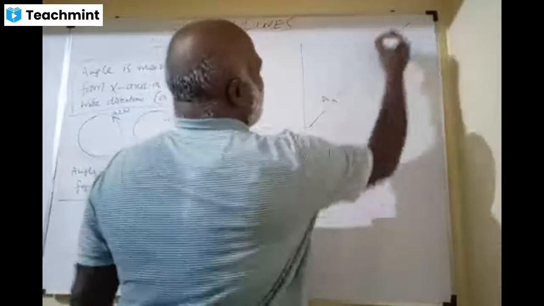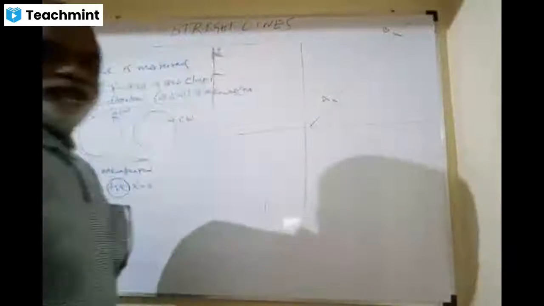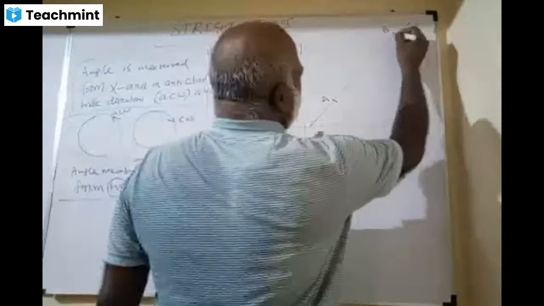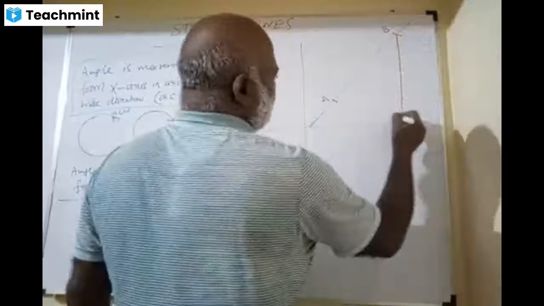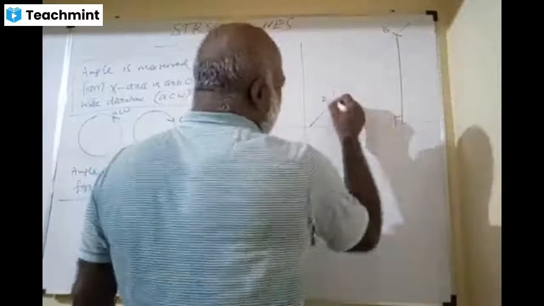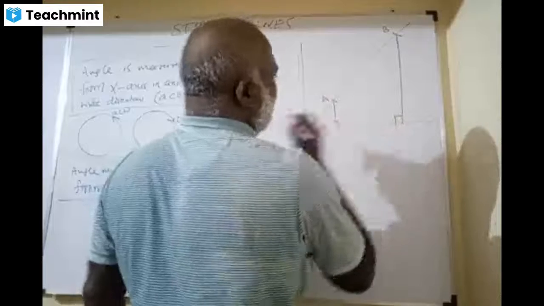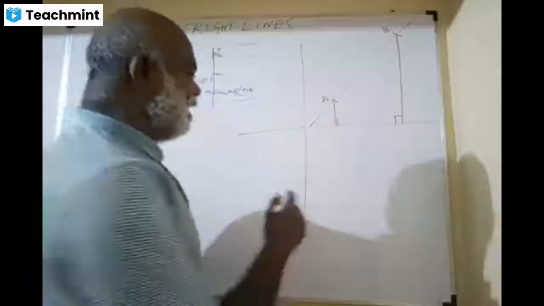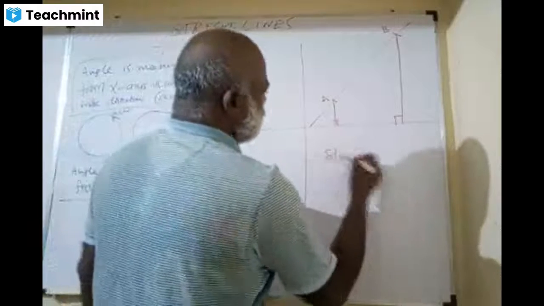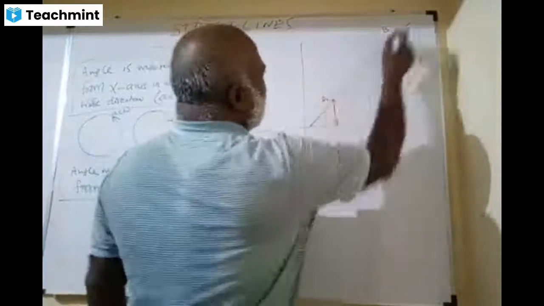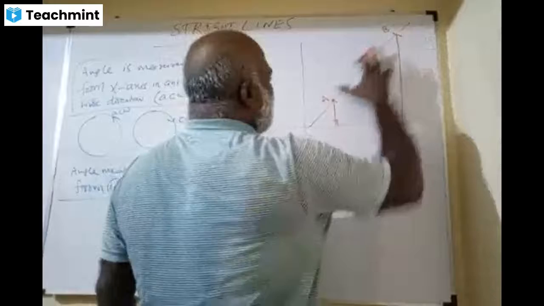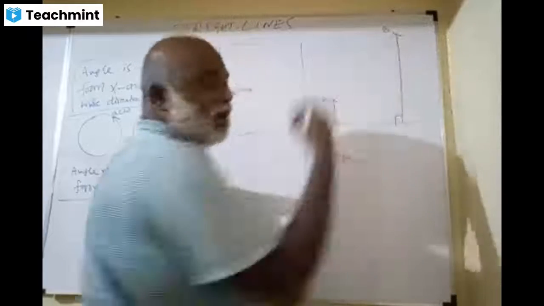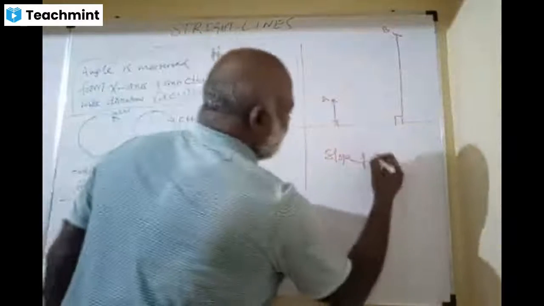This is called A and B. You draw a perpendicular from B. You draw a perpendicular from A. When I want to talk about the slope, what is the slope of AB?